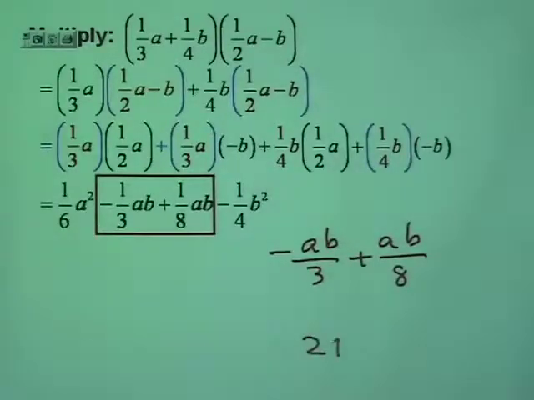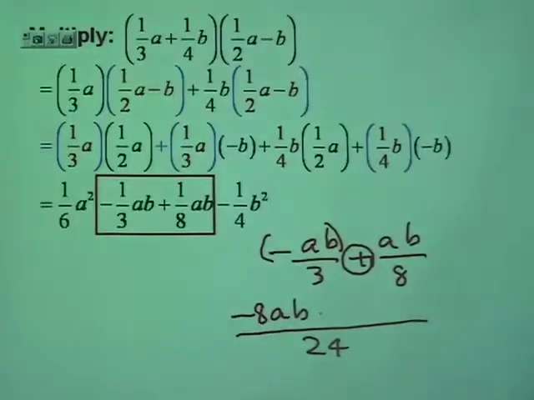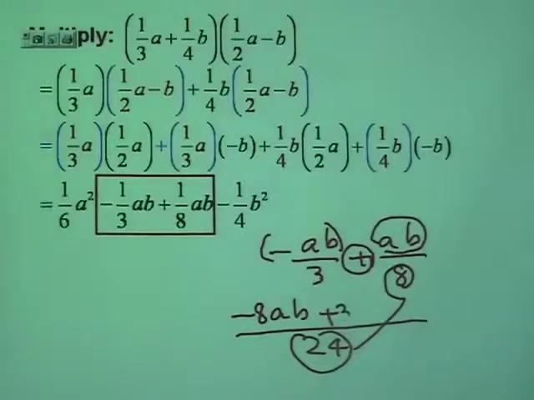My common denominator is 24, and 24 divided by 3 is 8. 8 is multiplied by negative AB. I get negative 8AB, followed by that plus 24 divided by 8 is 3. 3 multiplied by AB is 3AB.